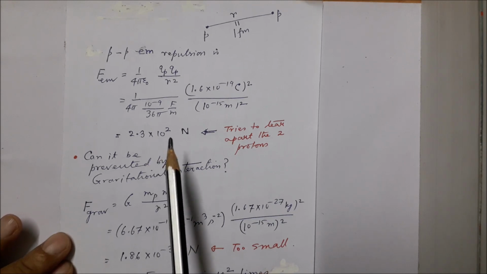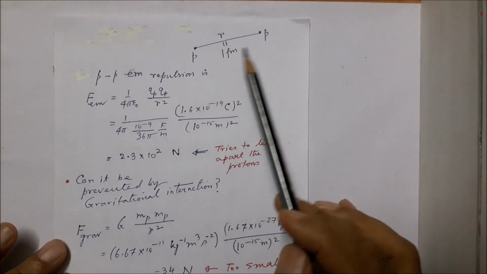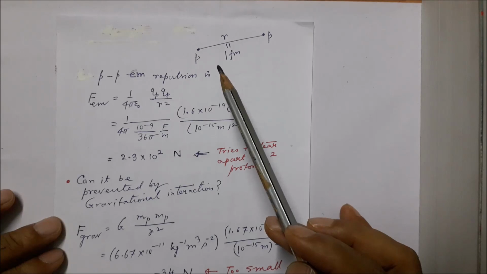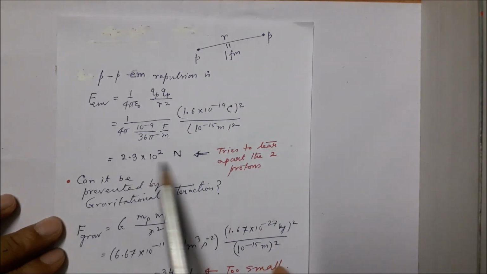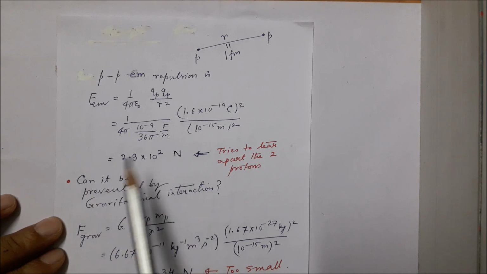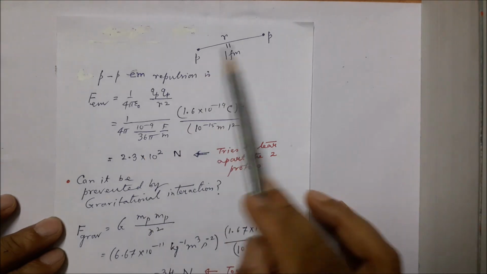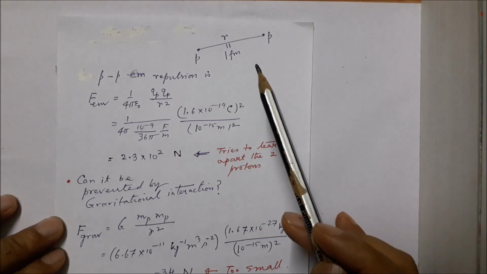But we know that the nucleus is stable, these protons are staying together. This means that this repulsive force is overcome by another force that keeps the protons together, and that force is strong interaction.